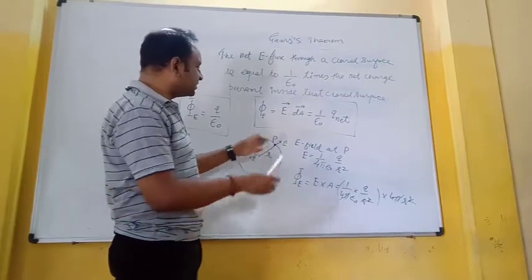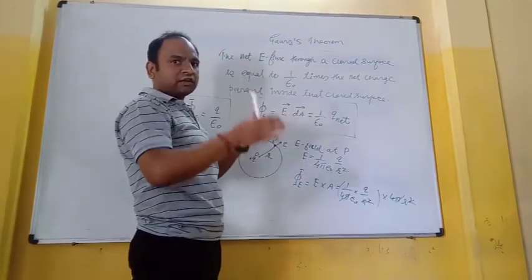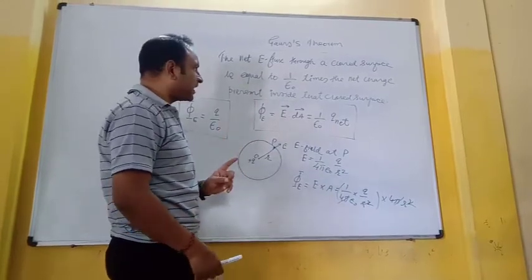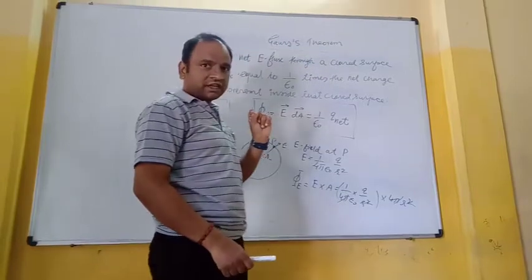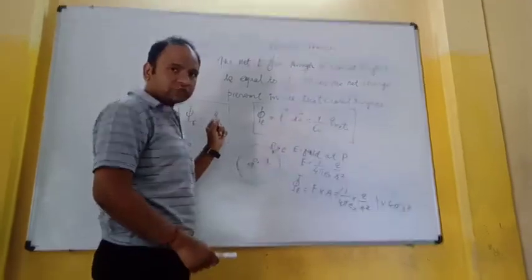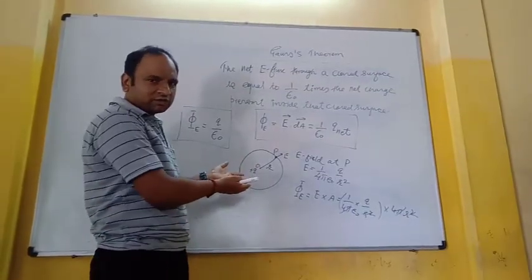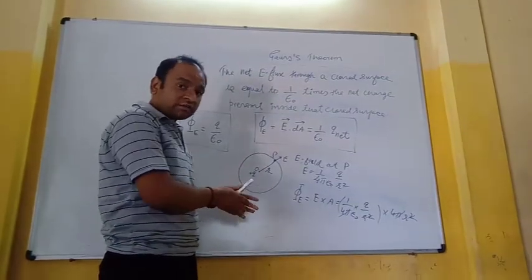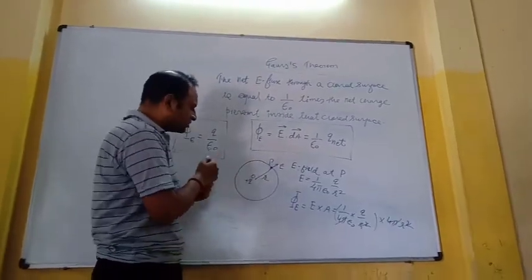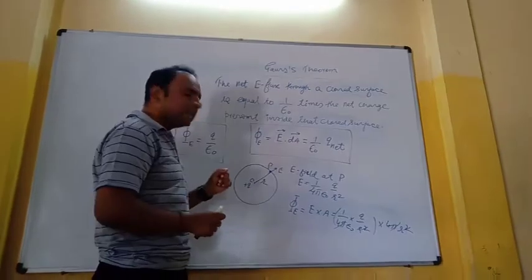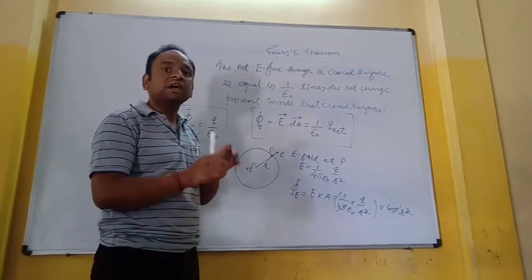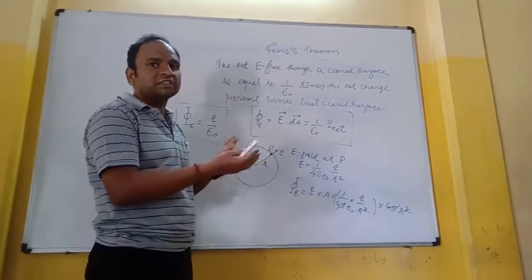For a positive charge, the flux is going out of the sphere. For a negative charge, the flux would be coming into the sphere, right? So this should be kept in mind. The net charge is also very important. Suppose I have taken a positive charge over here, so the net charge is positive because only one charge is present. But suppose I take many charges inside this sphere, some positive, some negative, then the net charge would be the algebraic sum of all those charges.